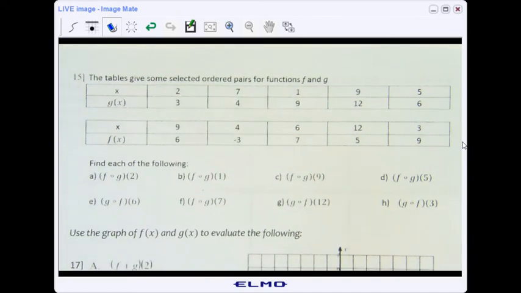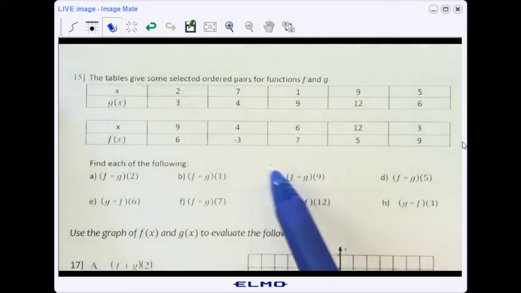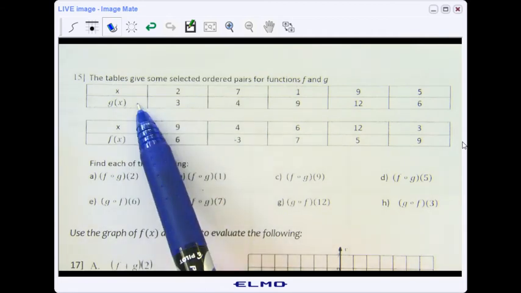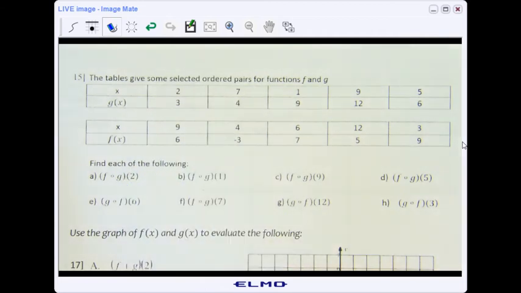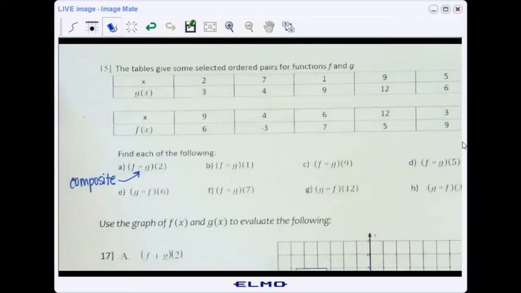Recalling again from the previous unit, anytime you're given a table of values, you're given the input-output of a function. In these two tables, we're given f of x and g of x, and we're asked to find each of the following. This symbol is a composite.